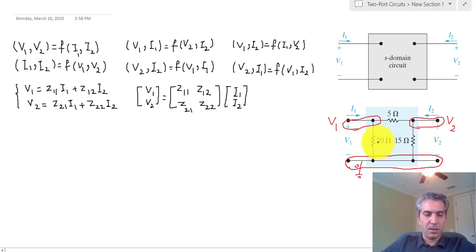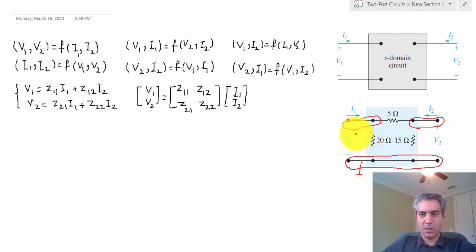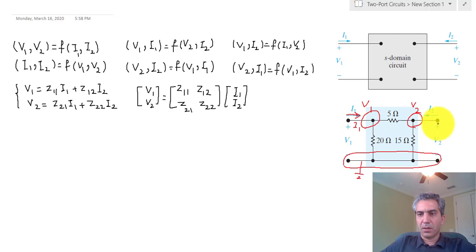Let me redo the labeling. What we did was all right, but it's easier if we do it this way. This is my ground, this would be my V1, this would be V2. I1 is going in, so I'm going to use the same I1 right there, and I2 is going in here.